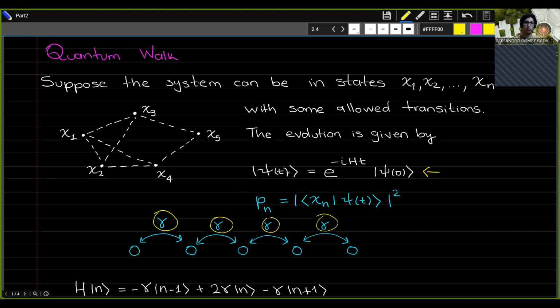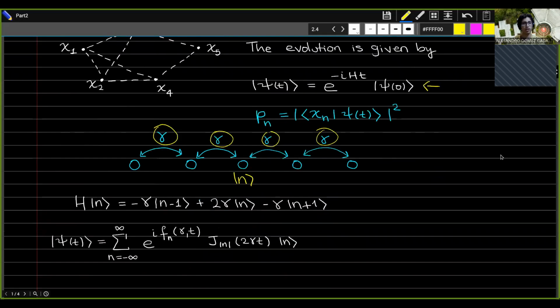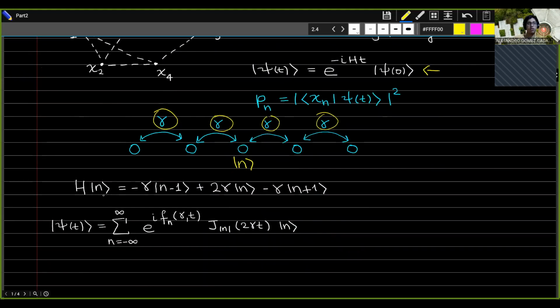And so for any state or any site n, we'll have the following relation. So we can define some Hamiltonian. We can build it by assuming how the probability transitions are.